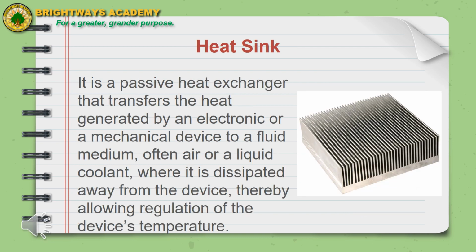The next is heatsink. Heatsink is a passive heat exchanger that transfers the heat generated by an electronic or mechanical device to a fluid medium, often air or a liquid coolant, where it is dissipated away from the device, thereby allowing regulation of the device's temperature.